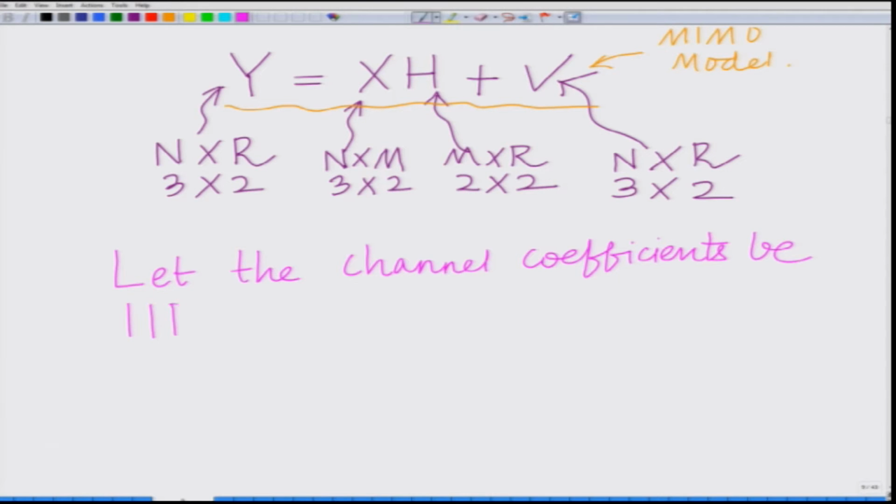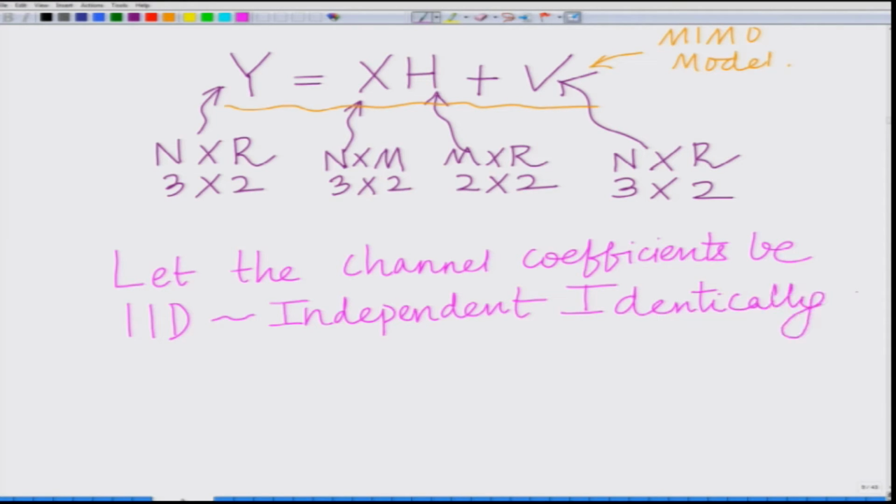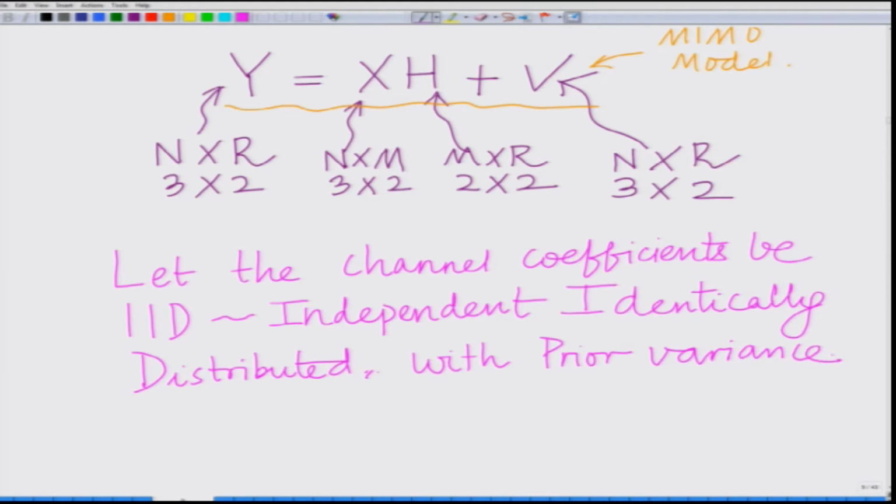identically distributed, that is IID, each having a prior variance.